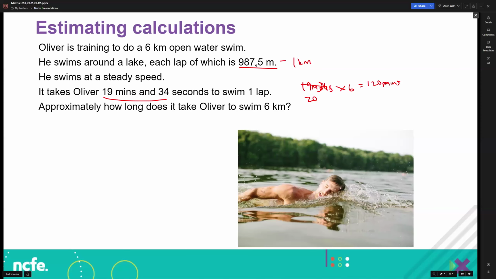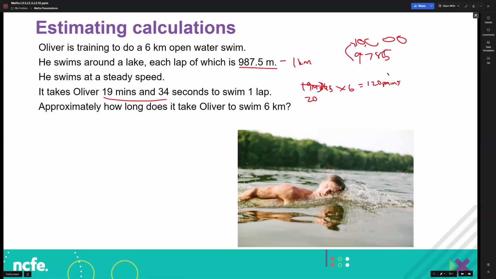Like if you had 9785, not point 0.5, 9785, I wouldn't round that to 9800, just because that's still not a nice enough number.